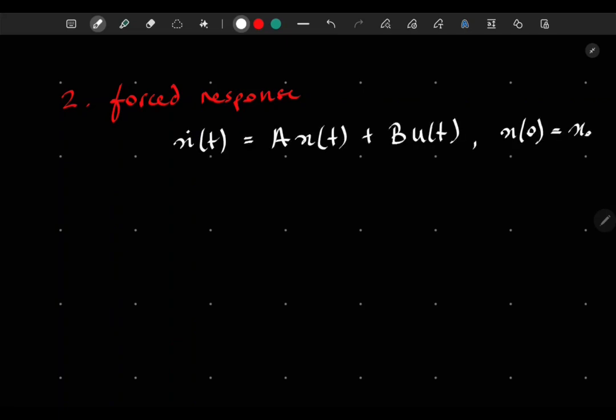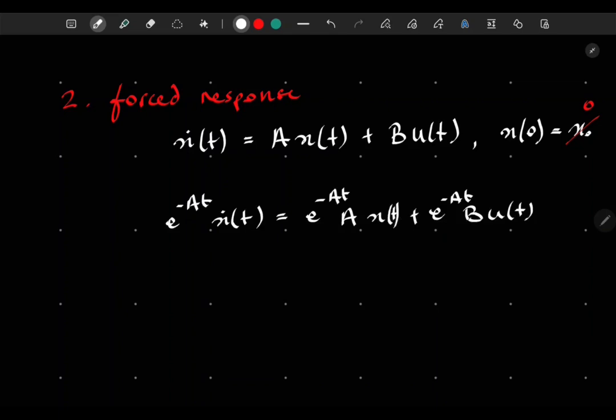Next, we will need to deal with the forced response. This is what we have when, in our system, we now consider the inputs but neglect the initial condition. So we set them to 0. So now we can write the following. We multiply the equation of our system times the exponential e to the minus At, and we bring the first term on the right-hand side to the left-hand side.